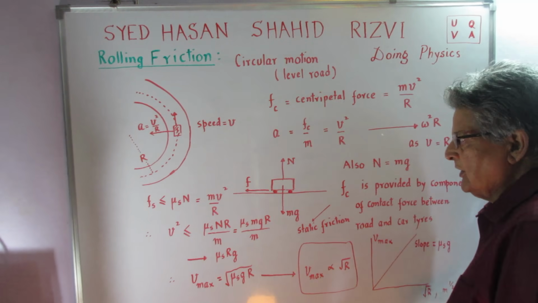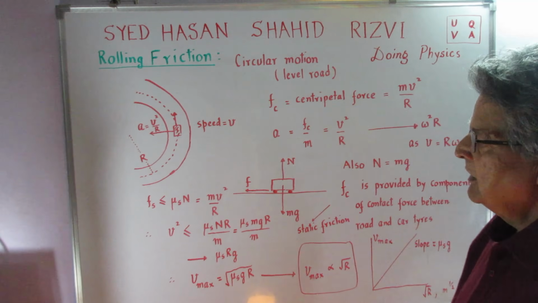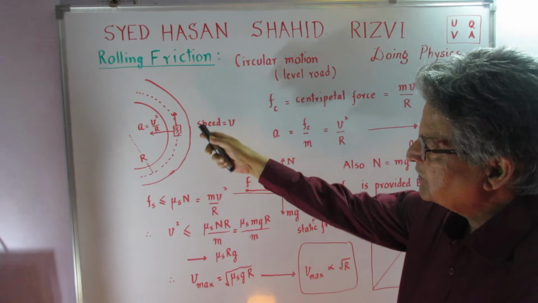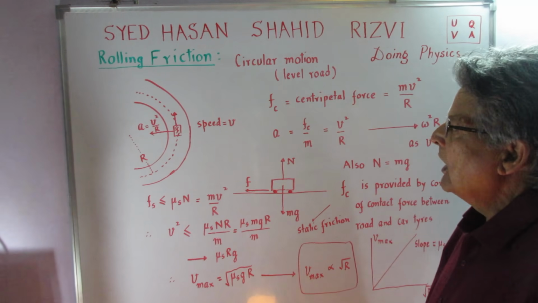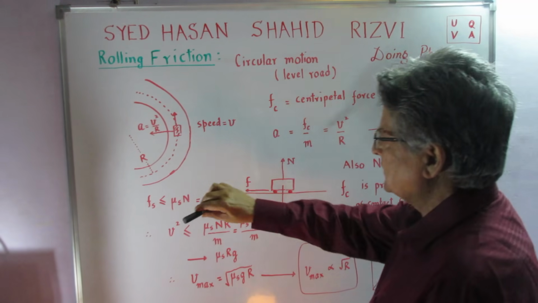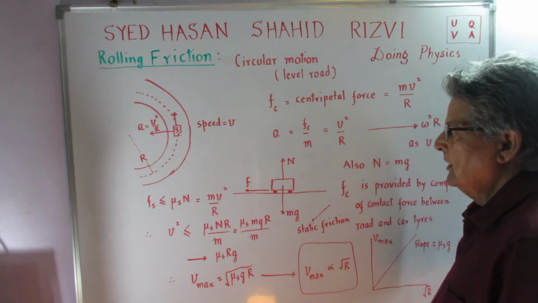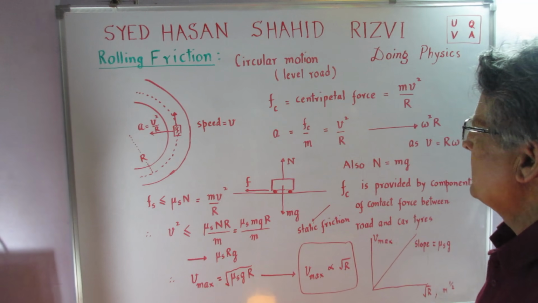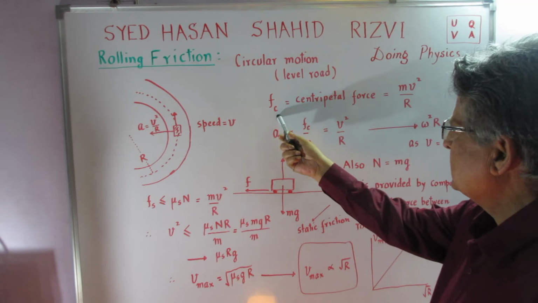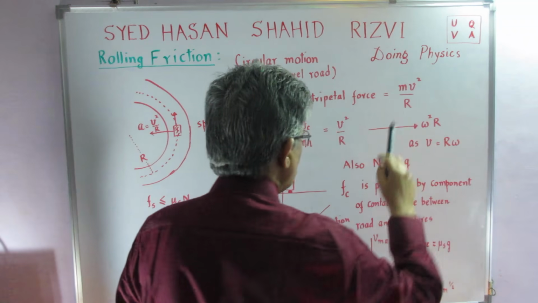Now let us try to find out the maximum speed at which we can move this vehicle on this level road, on this plaza, for a radius of curvature equal to r. It's very simple. We define the centripetal force, Fc equals m v squared upon r.